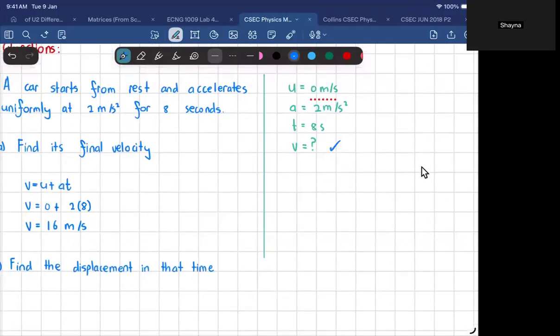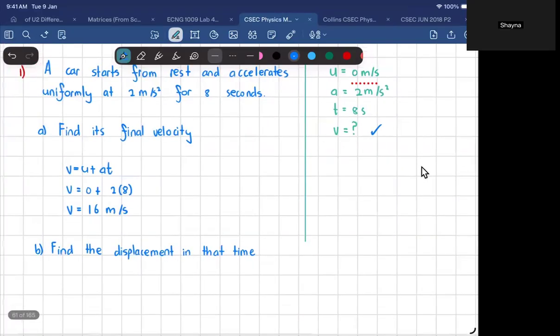So we know what V, U, A, and T are now. All right. In part B, they want us to find your displacement. So they want us to find for S.